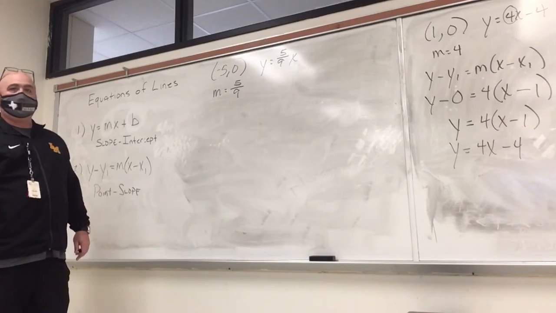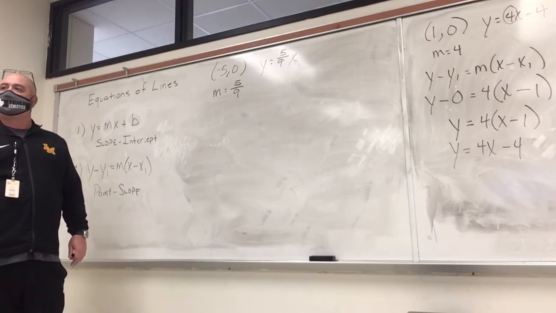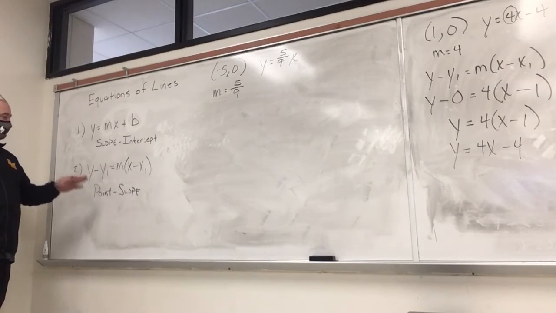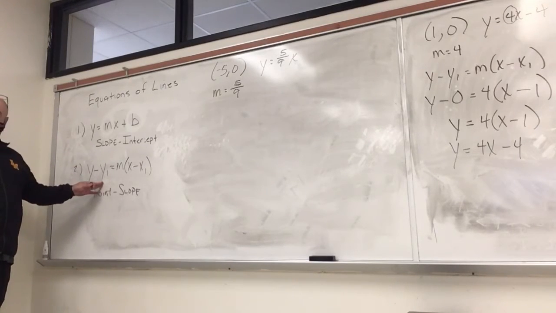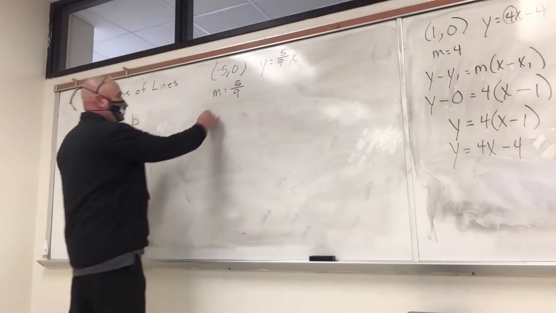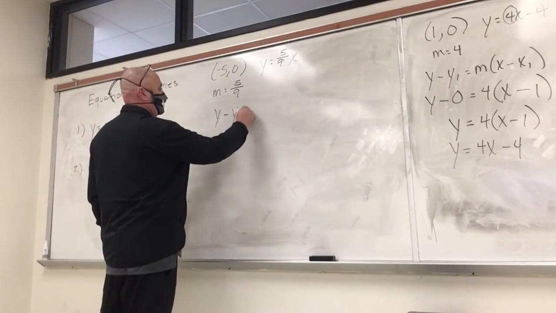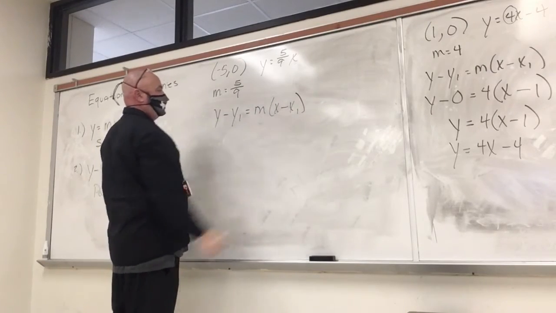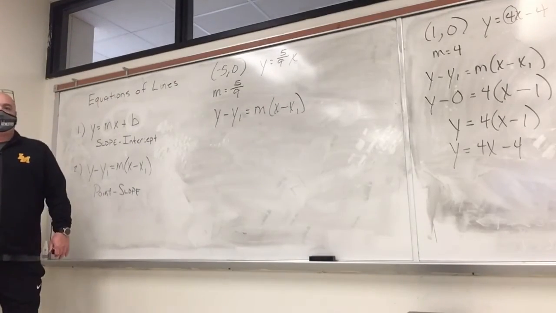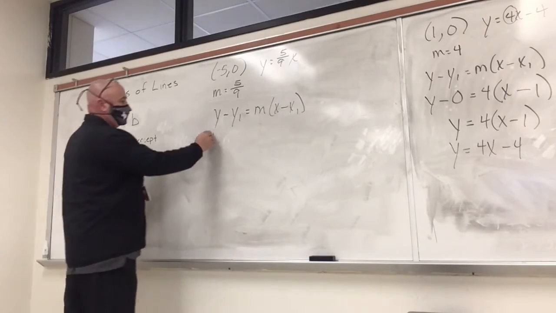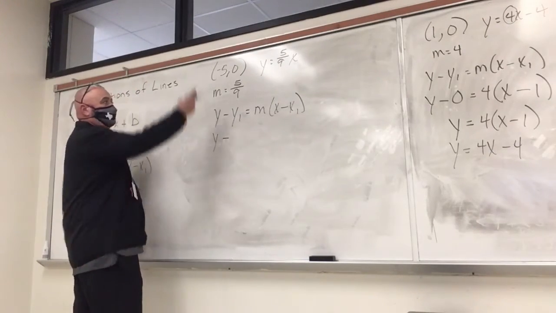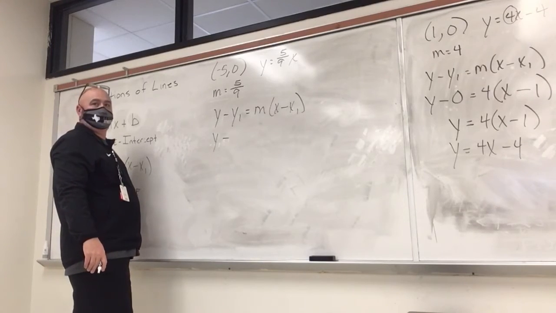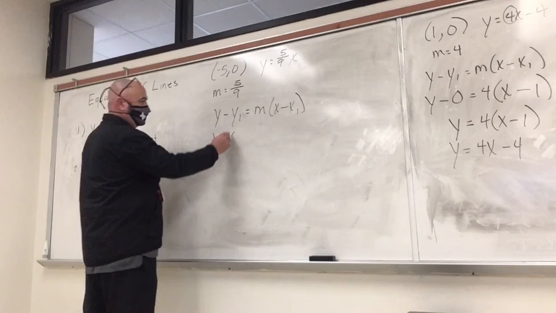Okay? All right, again, it asks for point slope, it asks for slope intercept, but in order to do that, I'm gonna use this formula. I'll show you what happens. Okay? All right, let's plug numbers in. y minus, what's y1 up there? 0.